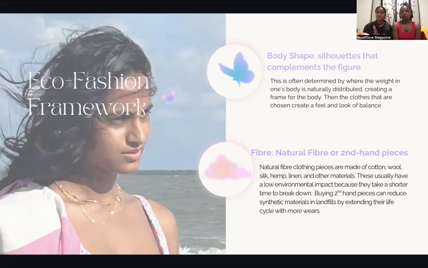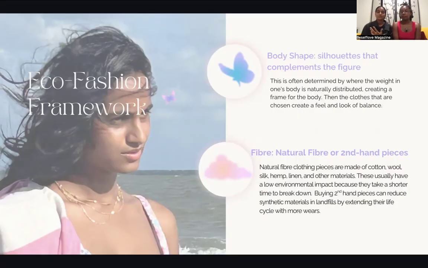And lastly, we have fiber. I know a lot of people love thrifting and we love secondhand pieces. One thing to think about is the natural fiber because we care about sustainability and we know that polyester doesn't decompose for decades.